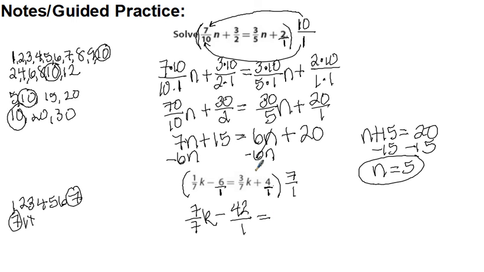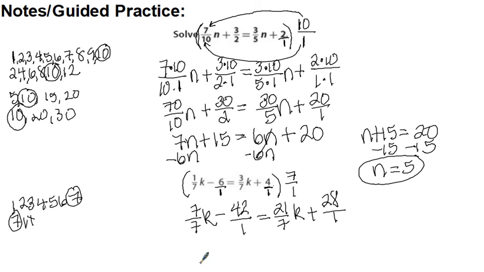Equal sign. 7 times 3 is 21, 1 times 7 is 7, plus 7 times 4 is 28 over 1 times 1 is 1. So I did this whole step that I did up here, but I did it in my head, one thing at a time.